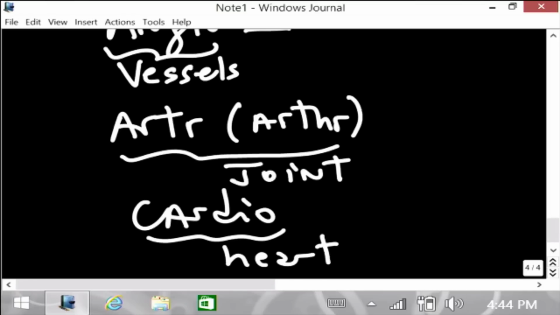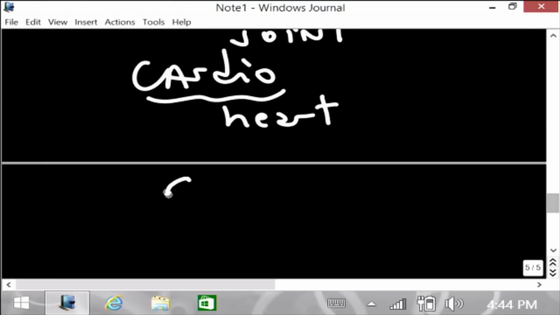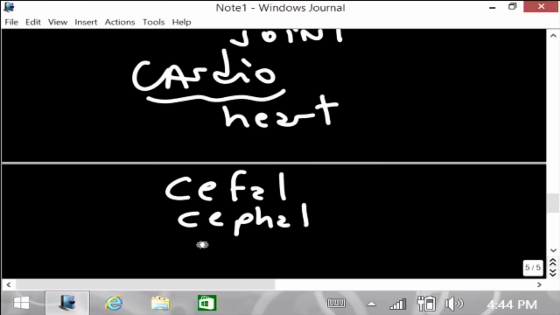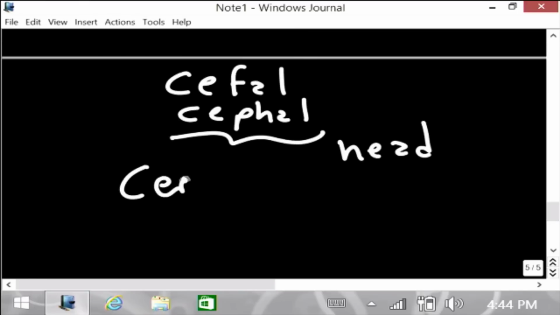If the word starts with cephal, in Spanish it's like this, English might be like this. This refers to the head. In Spanish, for example, cefalea refers to the head, dolor de cabeza, right? If it starts with cervi, C-E-R-V-I, then it refers to the neck.